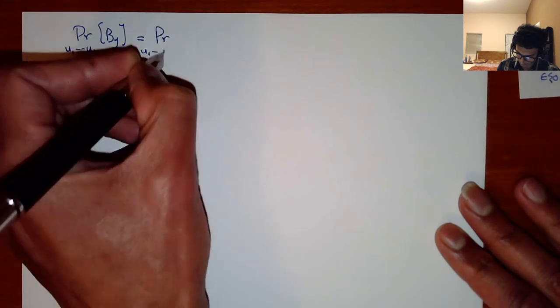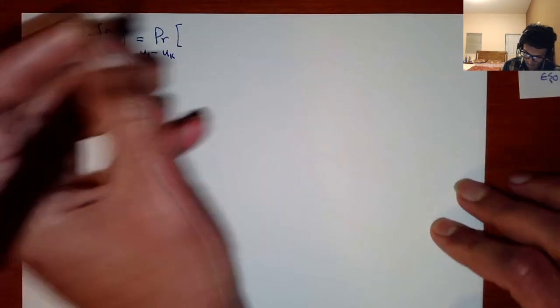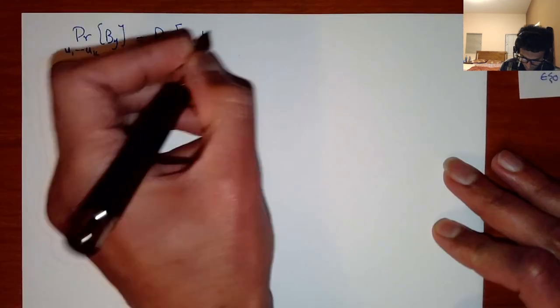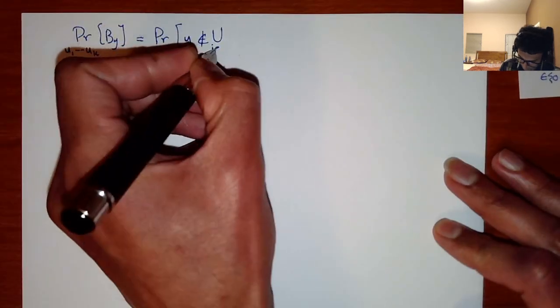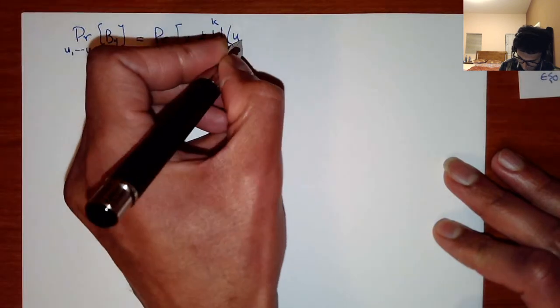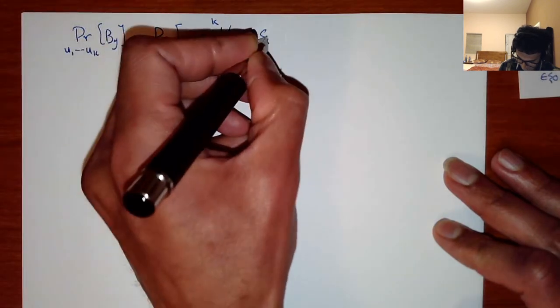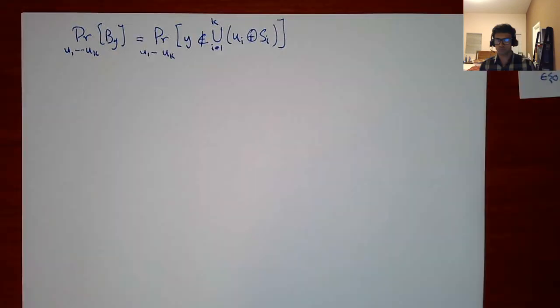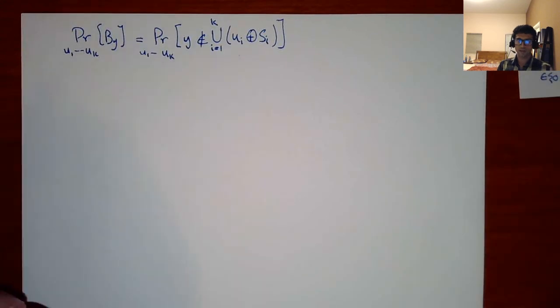Just writing it out. Remember, B_y was the event that y was not in the union of the shifts. This is the probability that y is not in the union of the shifts.